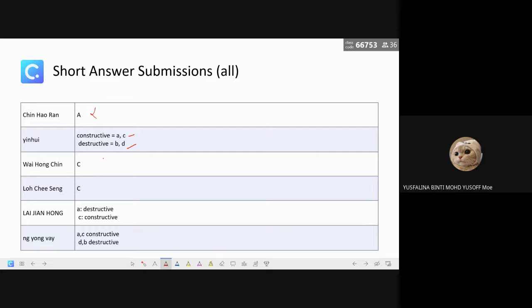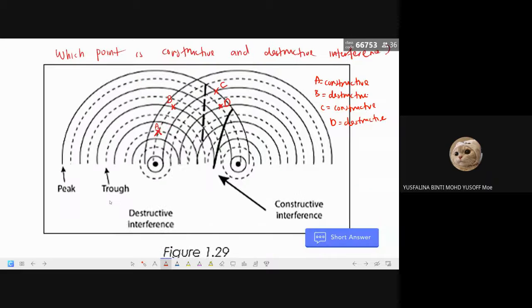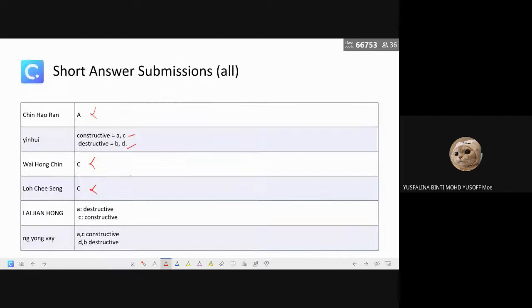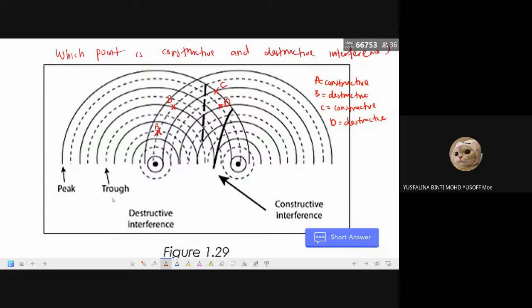Okay, A, C constructive; B, D destructive. What happened at points B and D? You have to mention to me what happened at A: A is constructive, where trough meets trough.